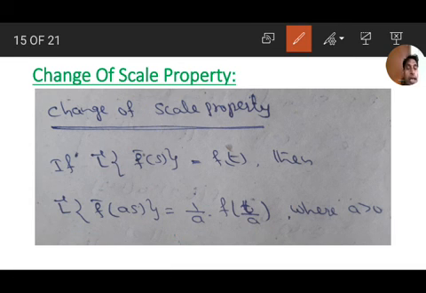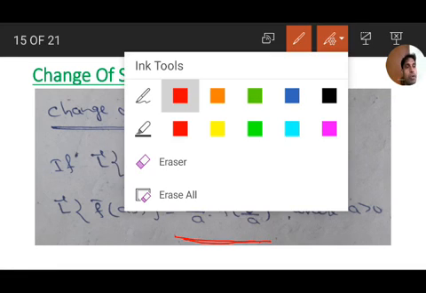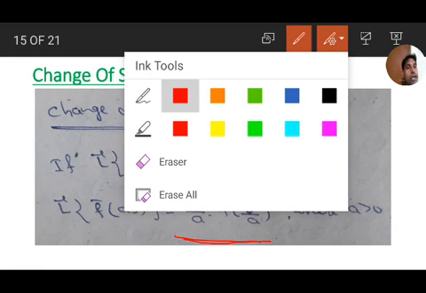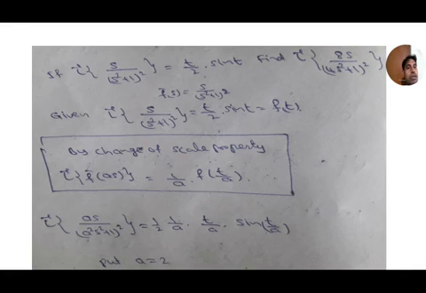Clear? The change of scale property is that if L inverse of f bar s equals f of t, then L inverse of f bar of as equals 1 by a into f of t by a, where a is greater than 0. So let us move to the problems.